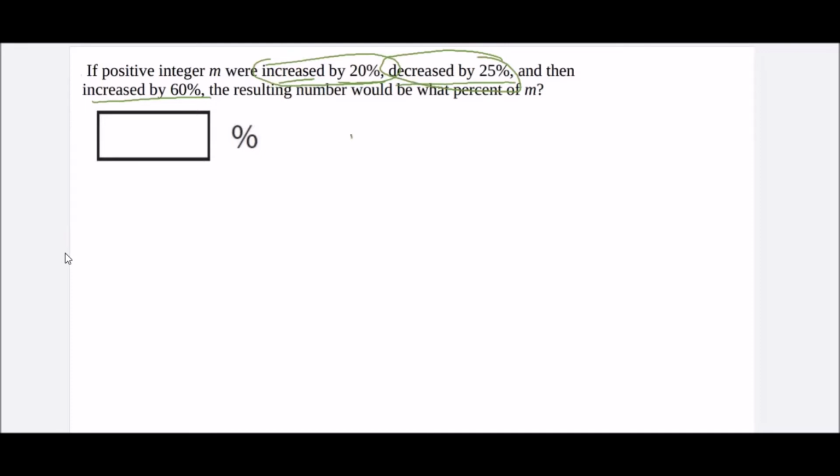So let it be A plus B plus A into B divided by 100. First we'll find out these two, then we'll use the third one. A will be positive 20, right? And decrease by 25% means minus 25.